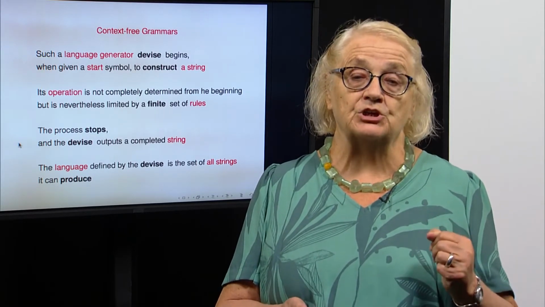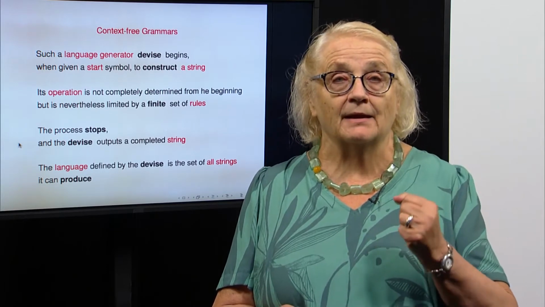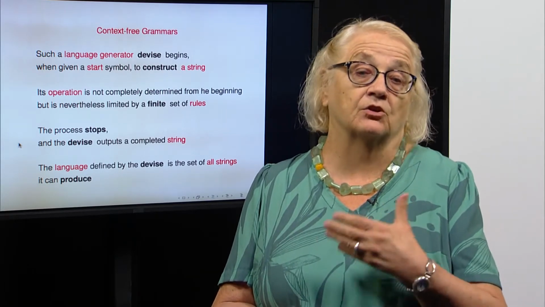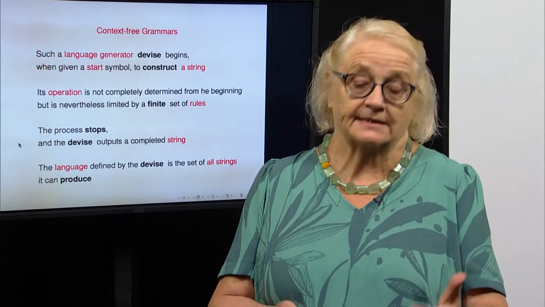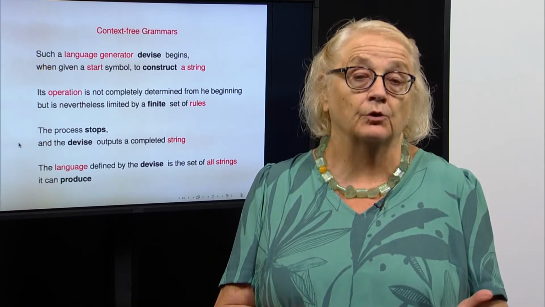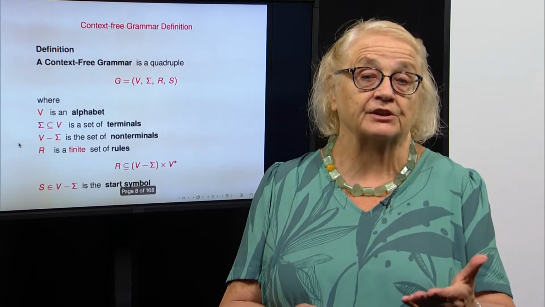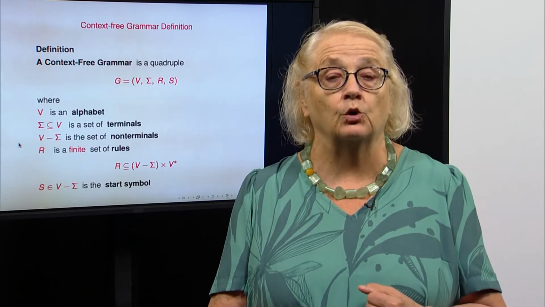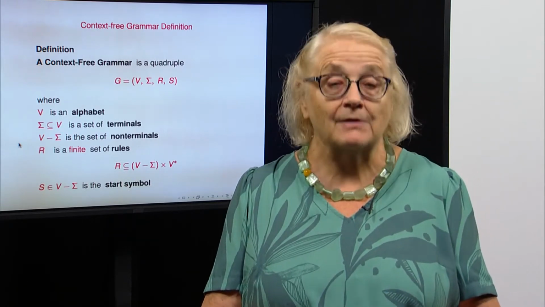So the language defined by such a device is the set of all strings that the device can produce, and now we need to write a model of such a device, and that model is called a context-free grammar.